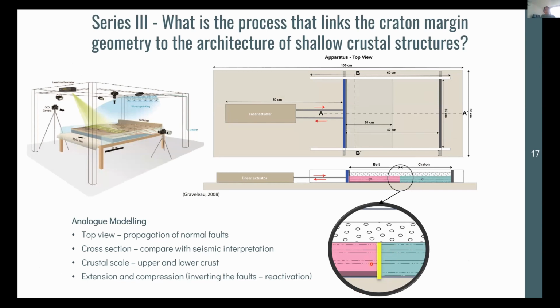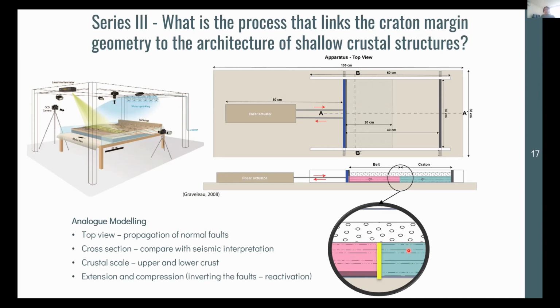The yellow line here represents the boundary or suture, and I'm going to play around with the geometry of this suture and see how it impacts the propagation of structure.